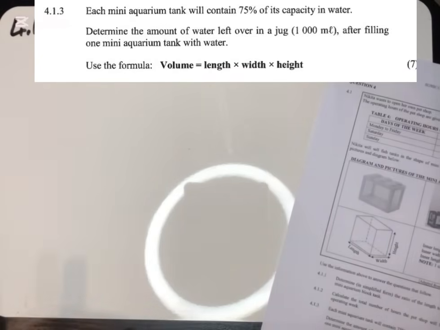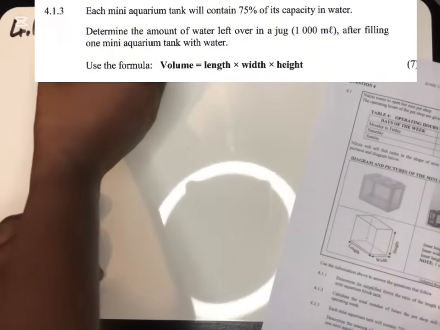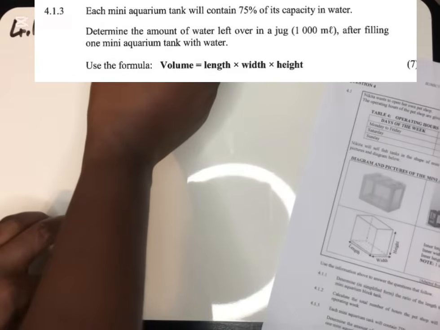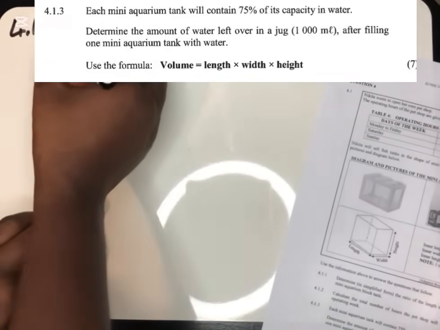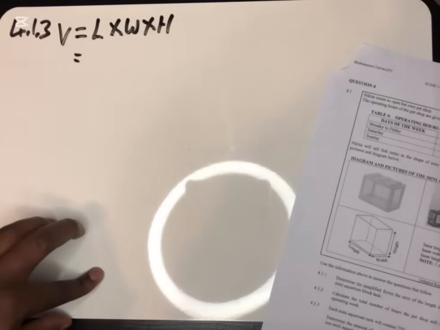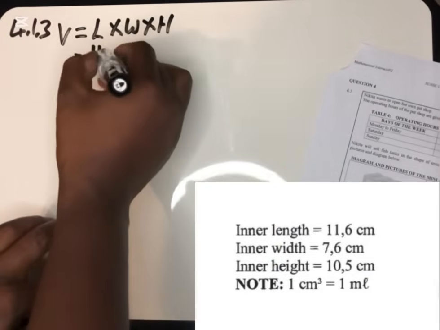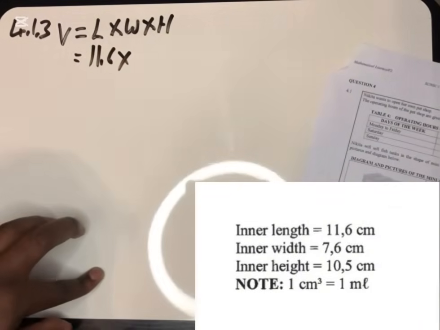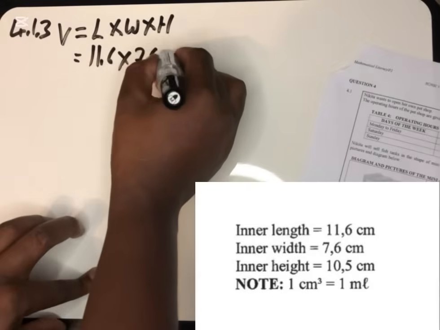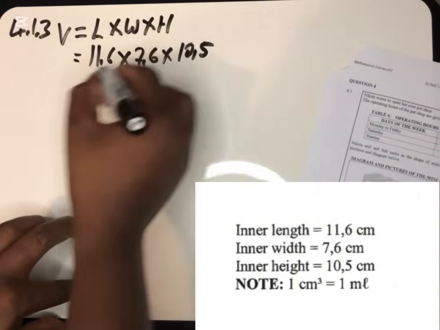They say that we may use the formula V equals length multiplied by width multiplied by height. If we go back to our dimensions, our length is 11.6, multiplied by our width 7.6, multiplied by our height, which is 10.5.